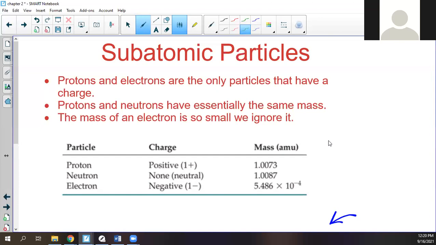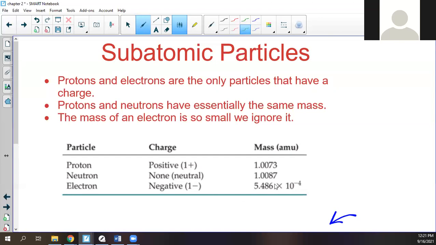Now, if you look up there, the hydrogen atom is 1.00794. So then you're like, what? And I don't know. I agree. But it's essentially saying the proton's one, and that is one. And once again, they're made out of two different styles of quarks. It's really interesting, but not in the class, so I'll skip it.